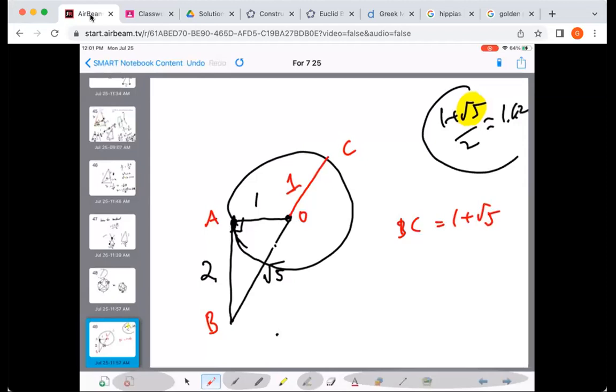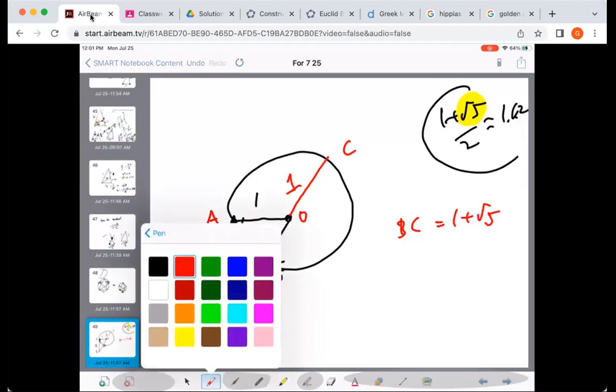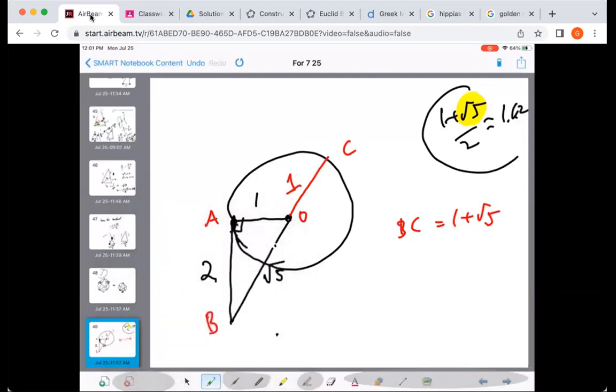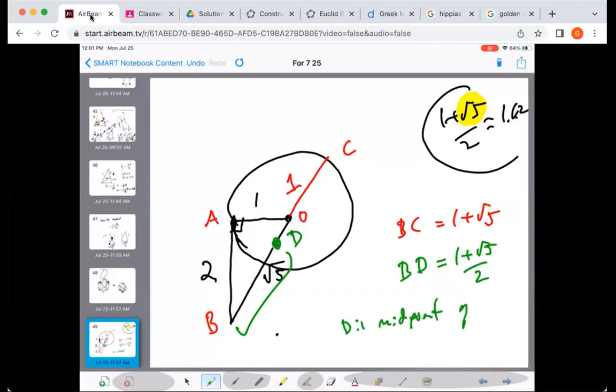And we learned how to make midpoints. So if we were to go through that construction, I get a point somewhere over here. I'll call this D. And say that BD is 1 plus square root of 5 over 2. D is the midpoint of BC. Here it is on this thing.